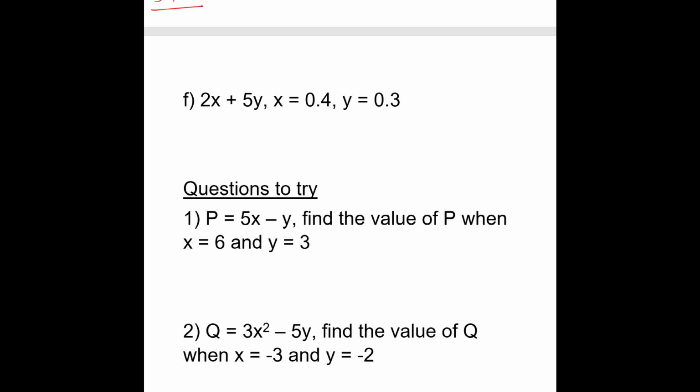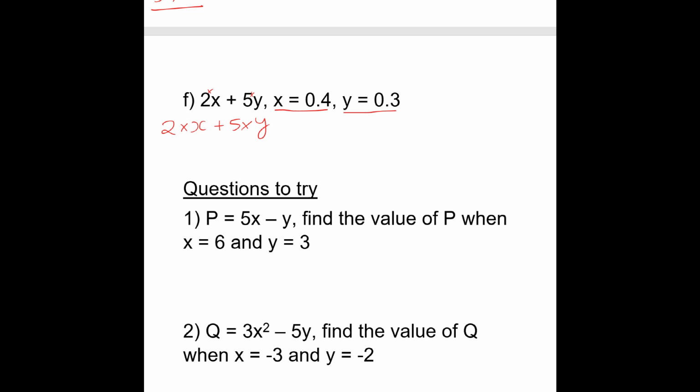Finally, we have 2x plus 5y, where x equals 0.4 and y equals 0.3. The expression is 2 times x plus 5 times y. There's like an invisible times sign between the letter and the number here.